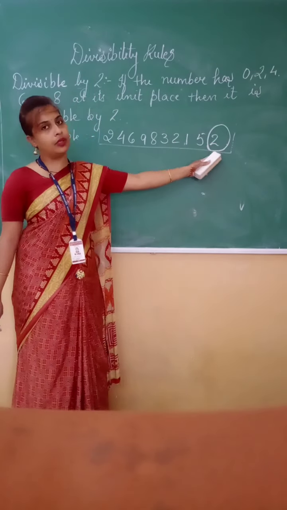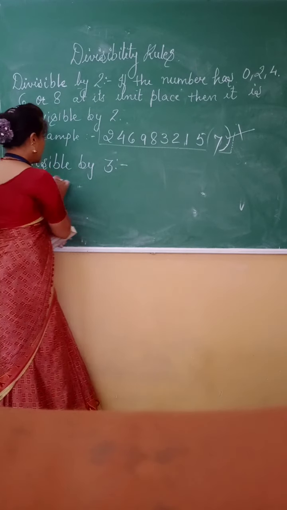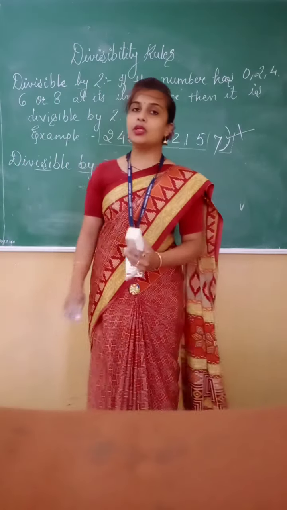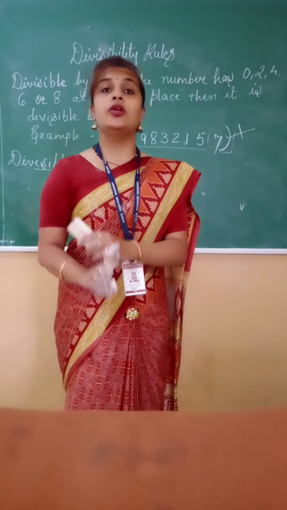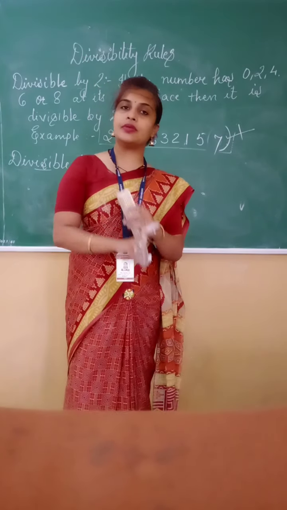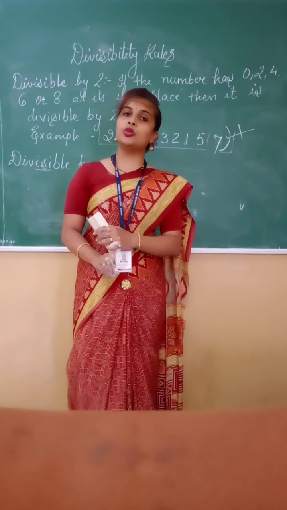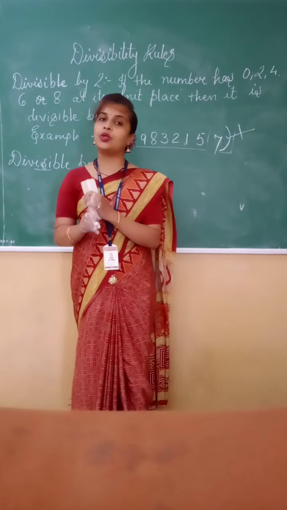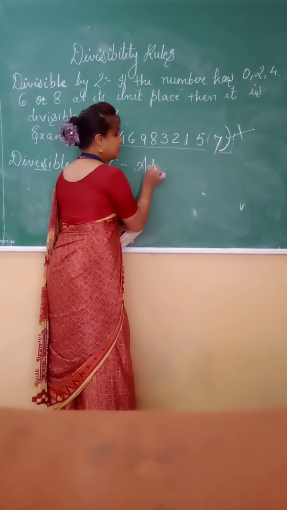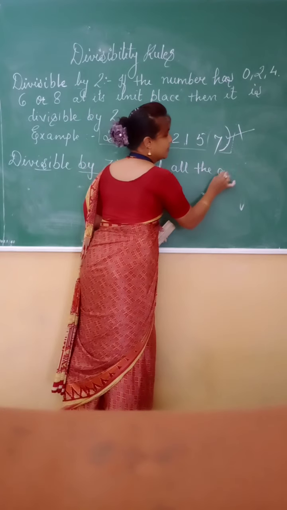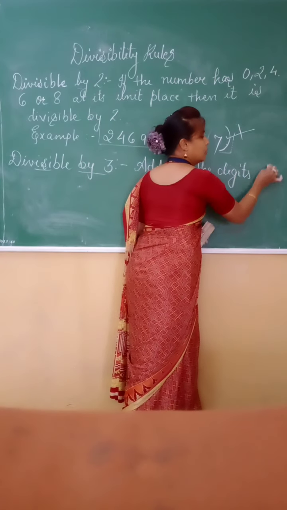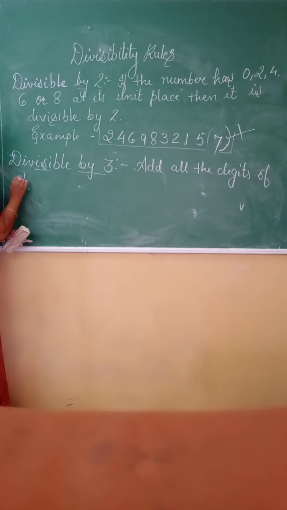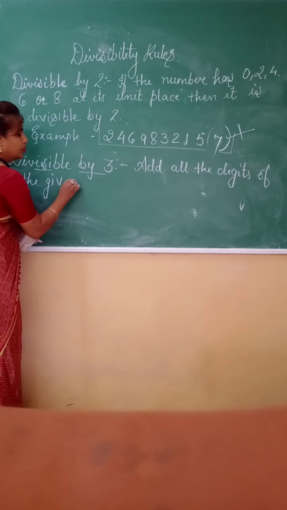Okay. Next, divisible by 3. We have to check whether the given number is divisible by 3 or not. For finding that, what do we have to do? We have to add all the digits of the given number.